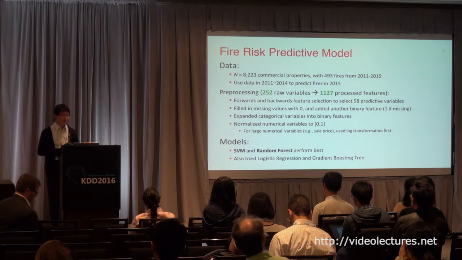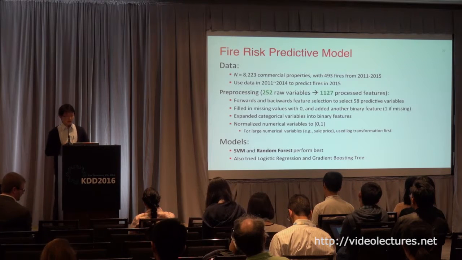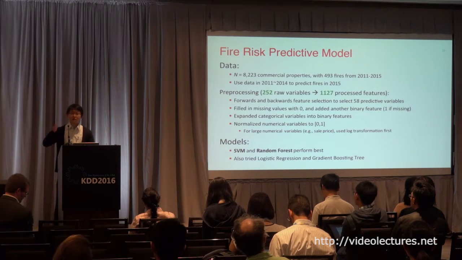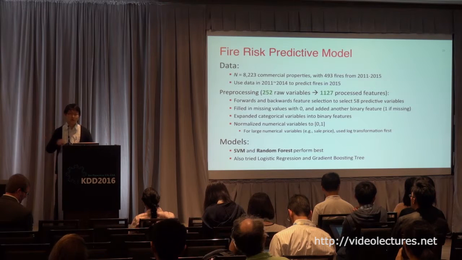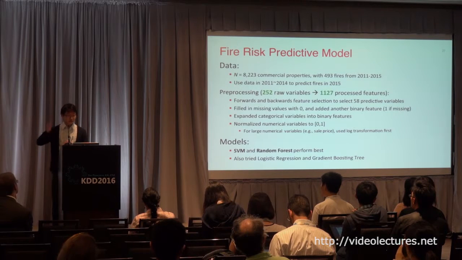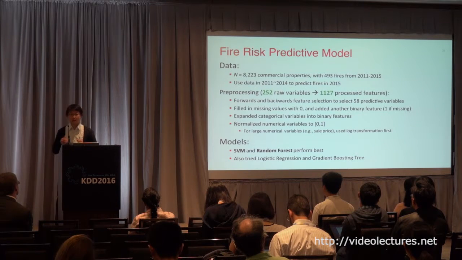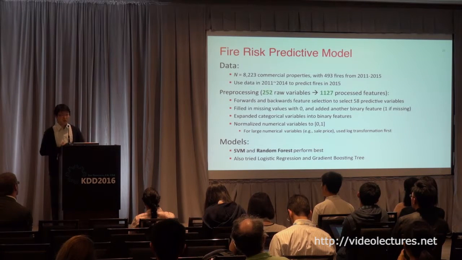So we filled in those missing values with zeros. But to distinguish between true zeros and missing values, we add another binary feature to indicate whether it's missing or not. For categorical variables, we expanded them into binary features using one-hot encoding.